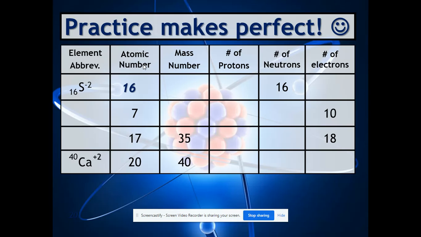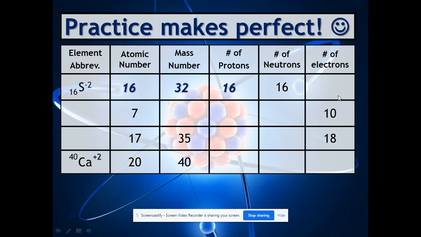That's its box number, right? And if I look at the mass number, it rounds up to 32. All right, and I'm just using whole rounded mass numbers. My number of protons will never change. If it does, I have a different element, so that has to stay 16. All right. Now, this -2 up here tells me that my electrons are going to be different.